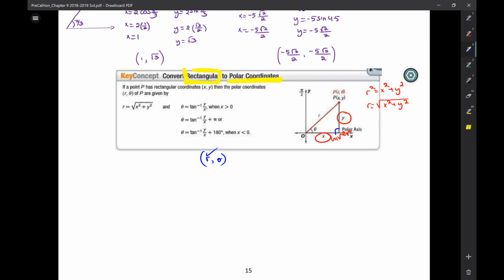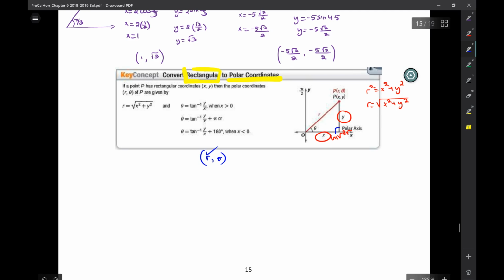If you have x and y, then tangent. Tangent of theta is y over x, right? So if you want theta, it's inverse tangent of y over x.